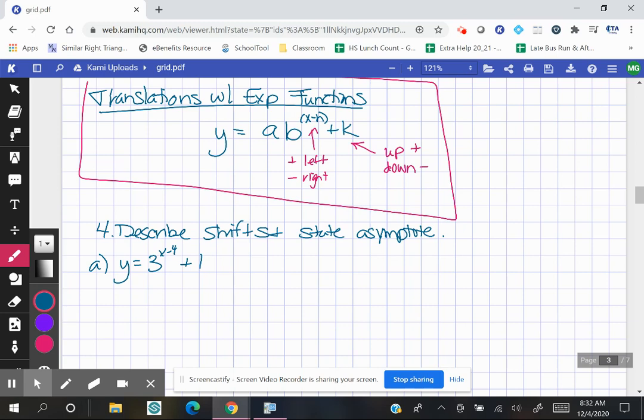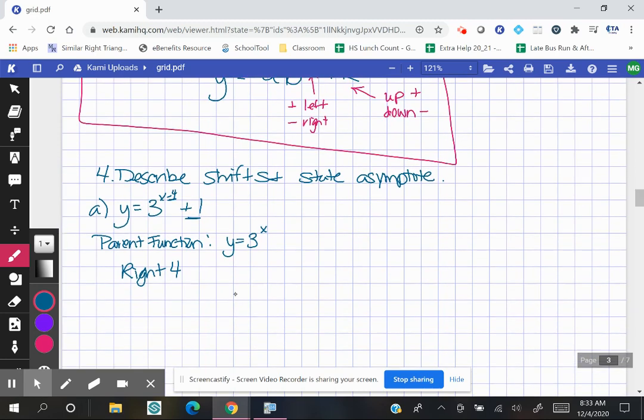So just by looking at that, we should be able to tell, number one, that our parent function, take off all your shifts, you're left with just y equals 3 to the x. So now what happens? Well, we did this -4 in the exponent. So in the exponent is left right. It's opposite of what you'd think. So that tells us it would go right 4, and then outside here, it tells us it's going to go up 1.